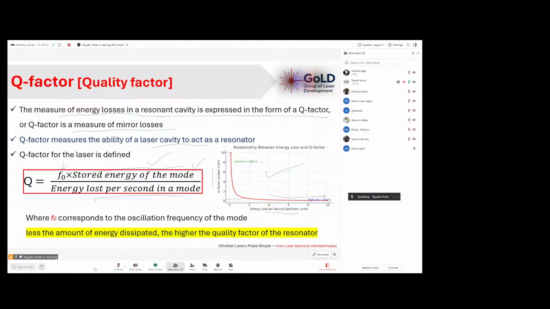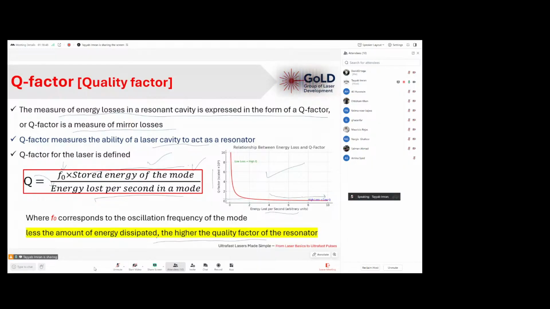The yellow portion at the bottom, if you see what it says: the less the amount of energy dissipated, the higher the quality factor of the resonator. If you see this equation, Q is inversely proportional to the energy loss per second in a mode. So it's a vice versa case.